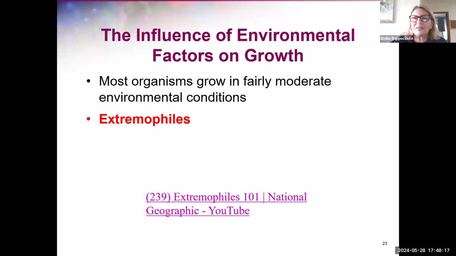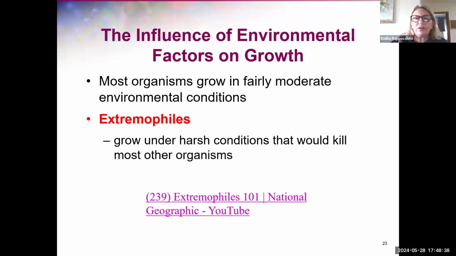Phile means liking. Extremophiles need to be in environments which have extremes of temperature, pH, salt, or whatever. So they grow under harsh conditions that would kill most other organisms.